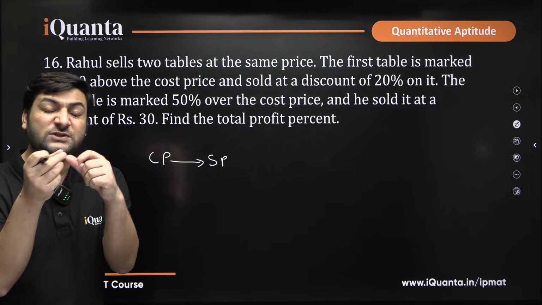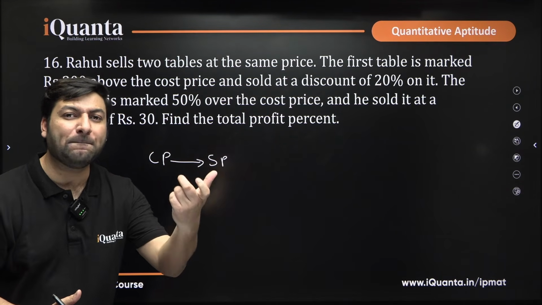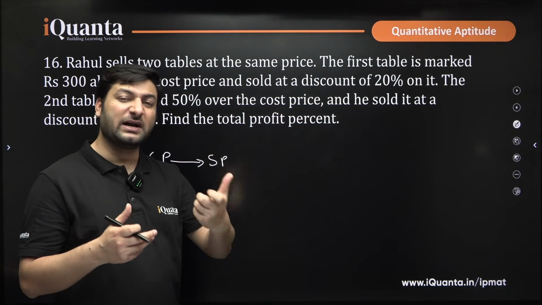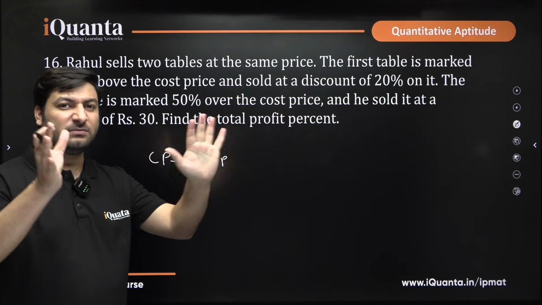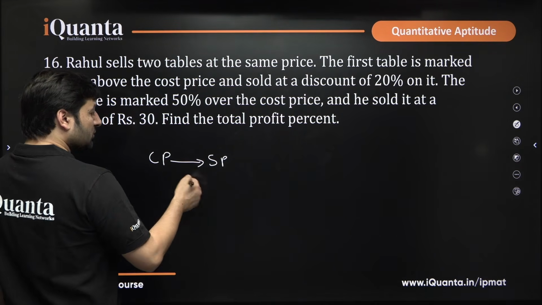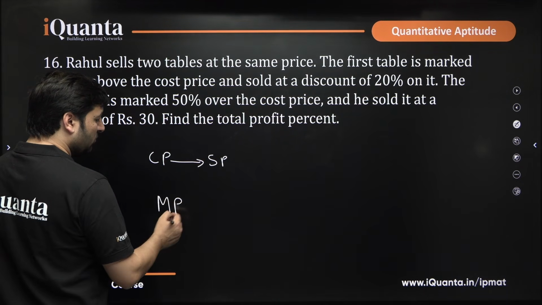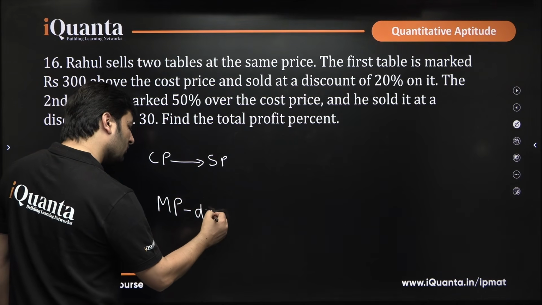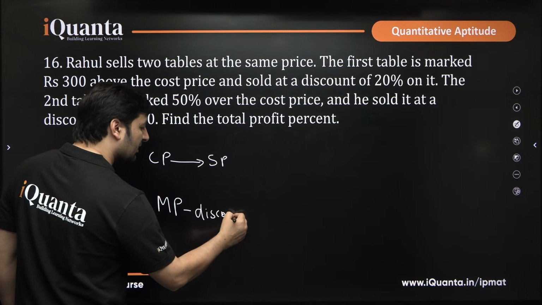So, on which value do you provide the discount? On MP or MRP. So, in a question if MP is given, MRP is given or marked price is written, all of them are the same. MP, mark price, MRP, all are the same. So, when you give some discount on MP, from MP you deduct the value of discount.